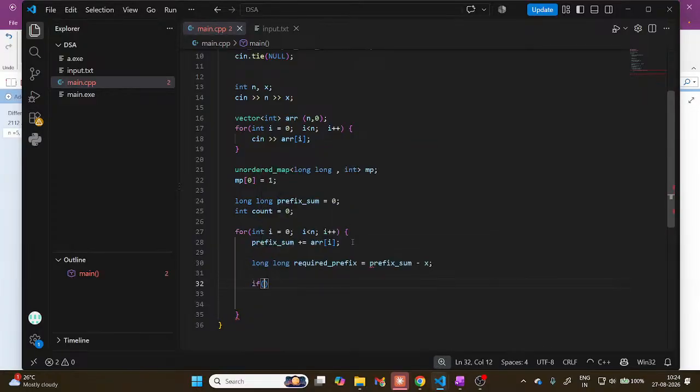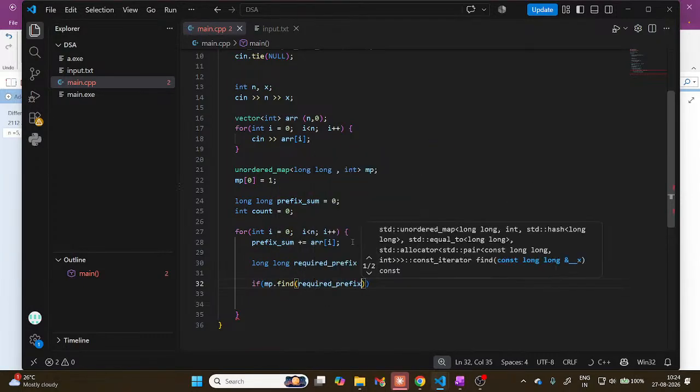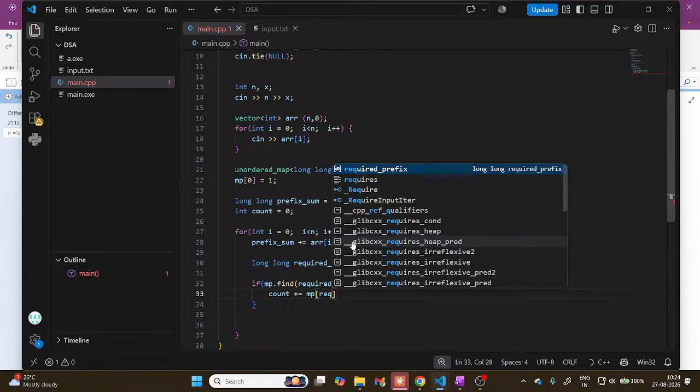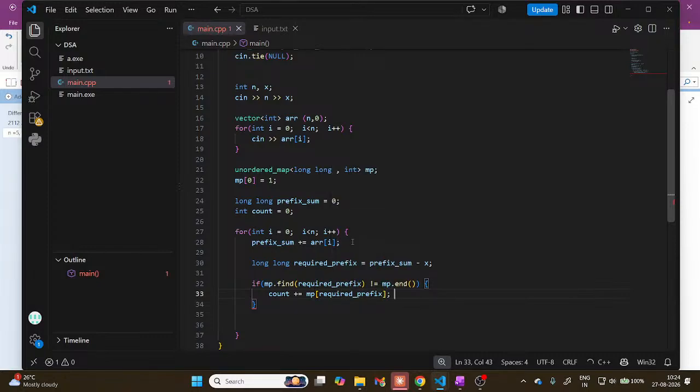So if map dot find of this required prefix is not equal to map dot end, then in that case, if it is there, count plus is equal to map of required prefix.